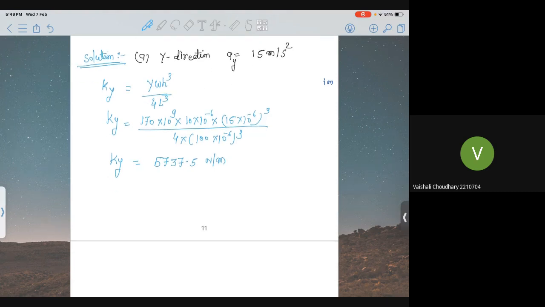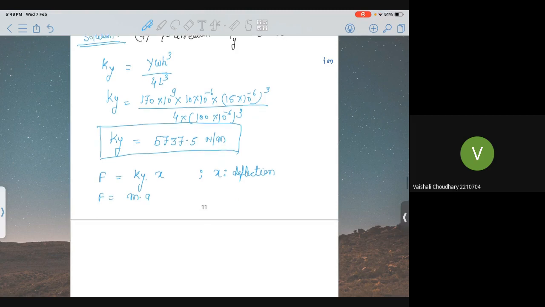Also, we know in the spring mass system, the force is nothing but a spring constant times deflection, where x is deflection due to the applied force. Also, F is ma.